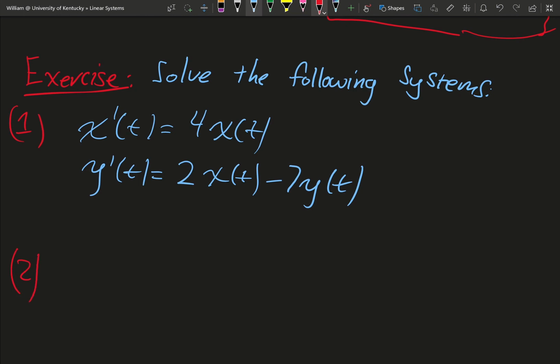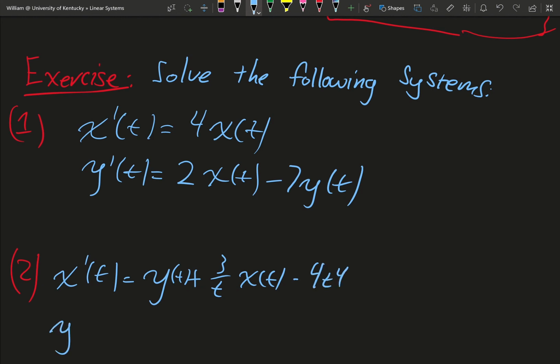And for our second exercise, we'll have x prime equals y plus 3 over t x minus 4t to the fourth, and y prime is 1 over t times y of t plus 12t cubed.